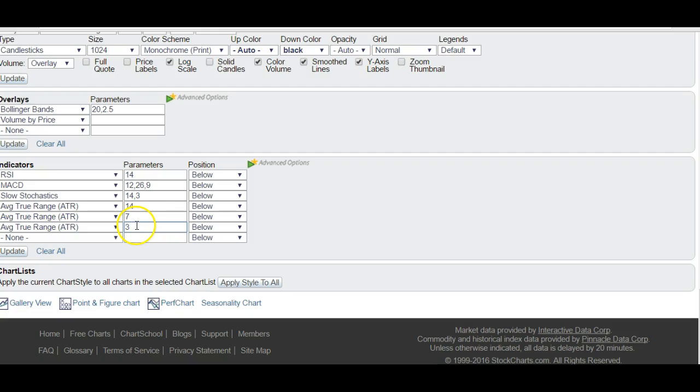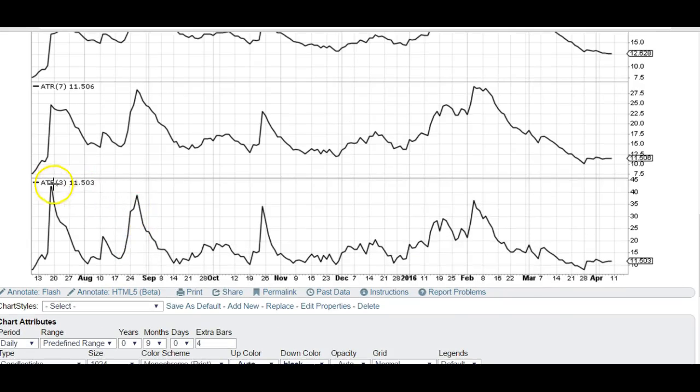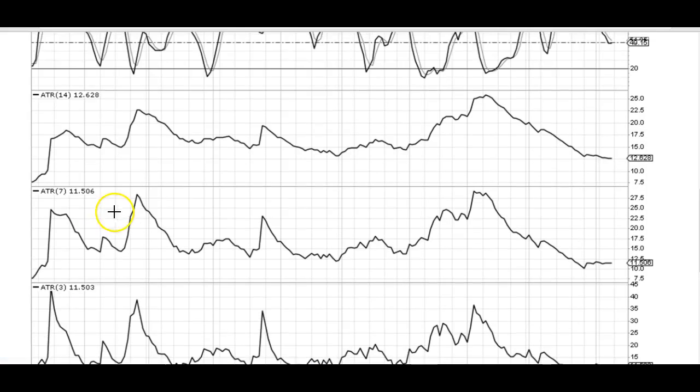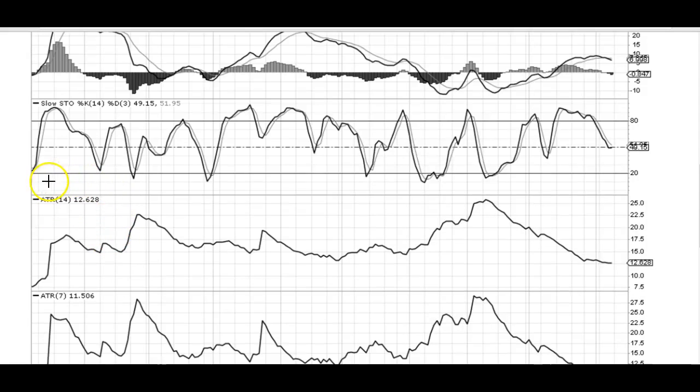The average range for the last 3 days is $11.5. The average range of the last 7 days is, again, $11.5 for Google. The average range for the last 14 days is 12.6.